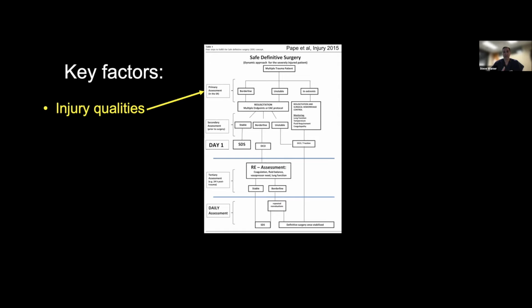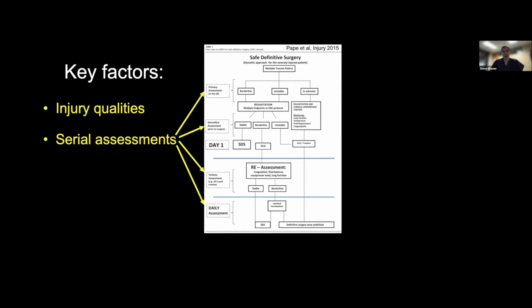Unstable pelvic fractures can be volume expanding pelvic ring injuries, which have a significant concern for hemodynamic instability. So pelvic fractures come in many different forms as well. So knowing the injury qualities and what they are, not just a pelvic fracture, but what kind of pelvic fracture, can be really important. And that goes into your primary assessment of the patient when they hit the emergency room.